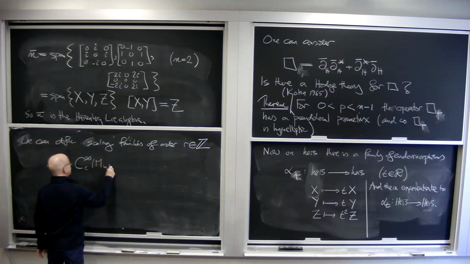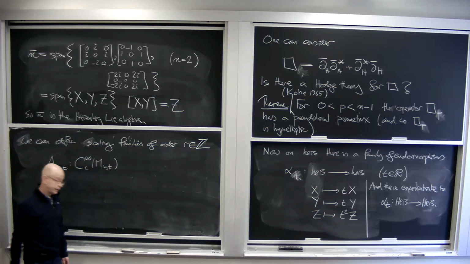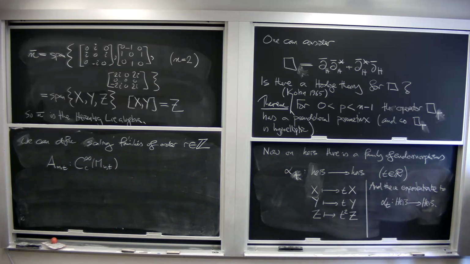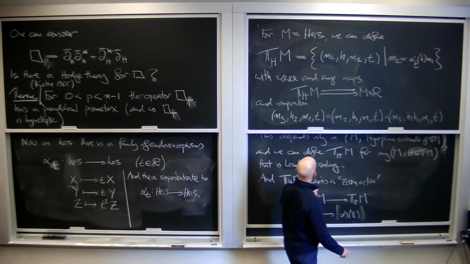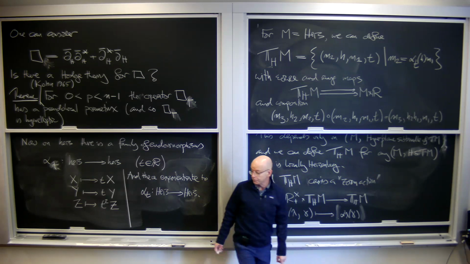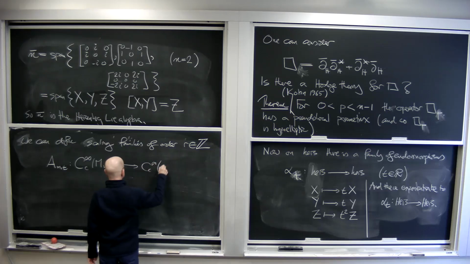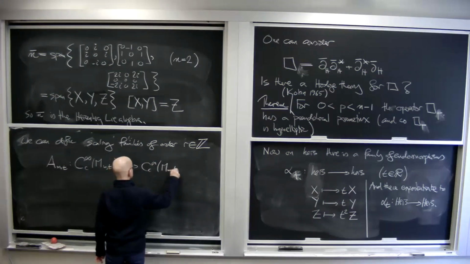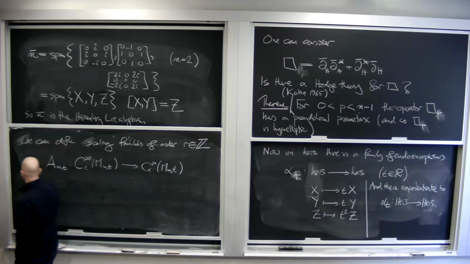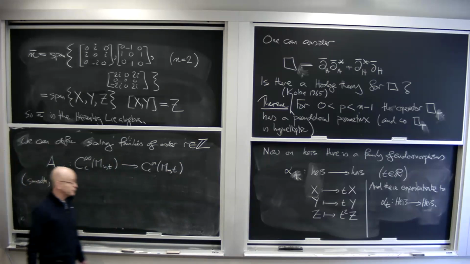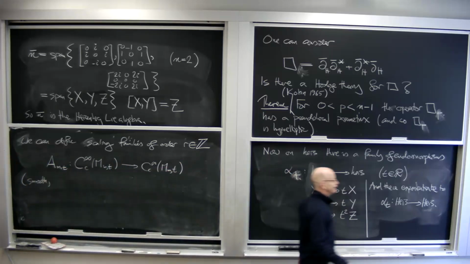I'm going to write M sub (m,t) like I did before to indicate the source fiber over the particular object, which is (m,t), where the objects are up there. So as we were discussing, oh, now there's an actual question.